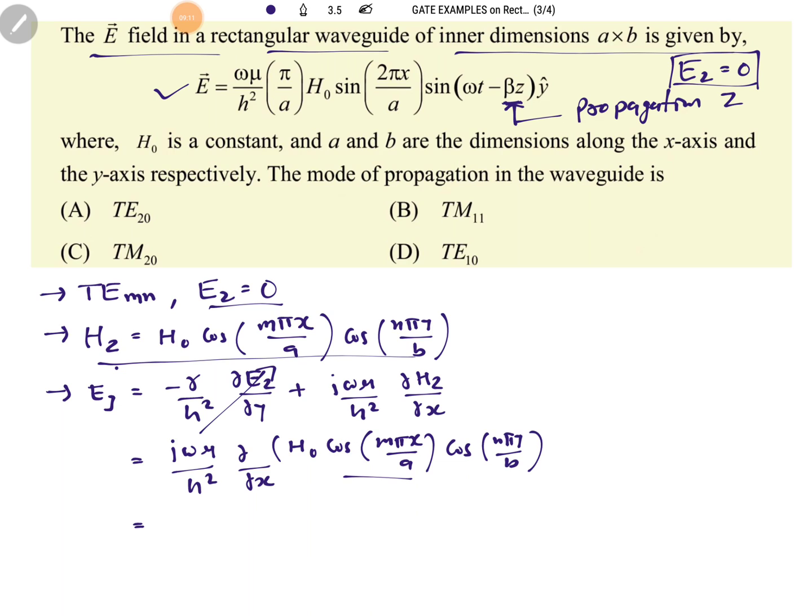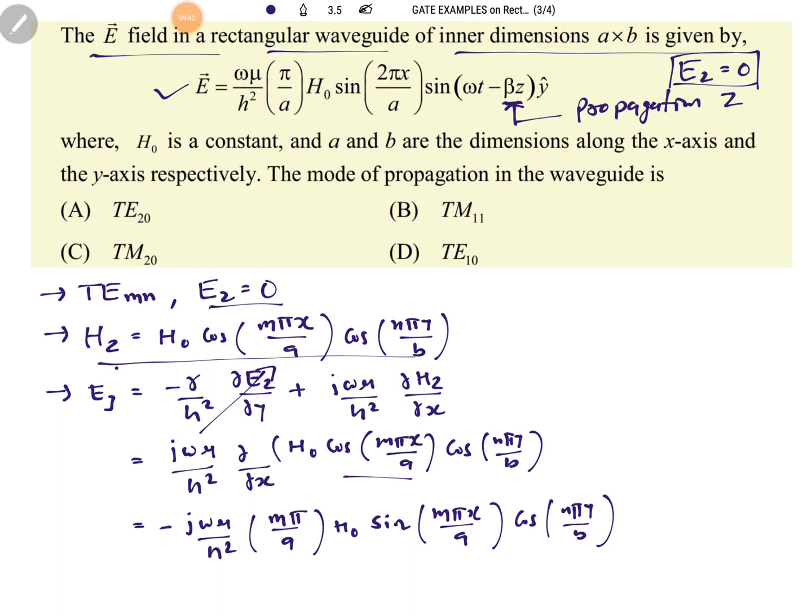The cos differentiation gives a minus sign, so here it will be minus j omega mu by h square into the term which is there with x will get multiplied, so m pi by a will get multiplied. H0 cos will be sine now, sine m pi x by a into cos n pi y by b. So this will be Ey.